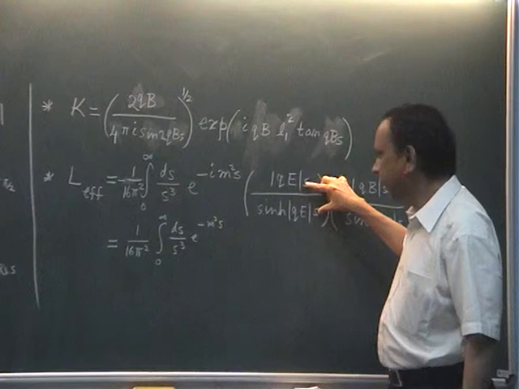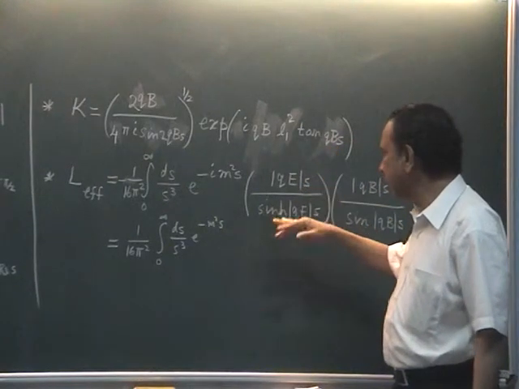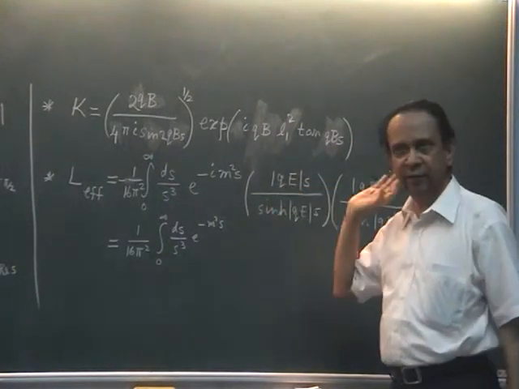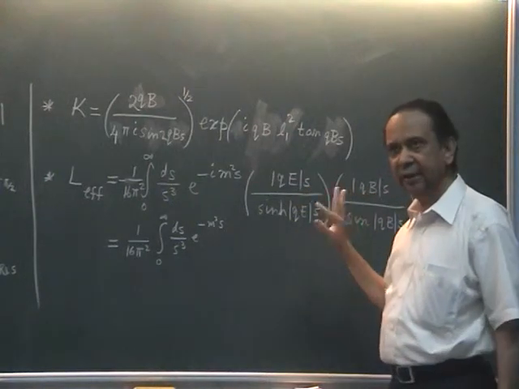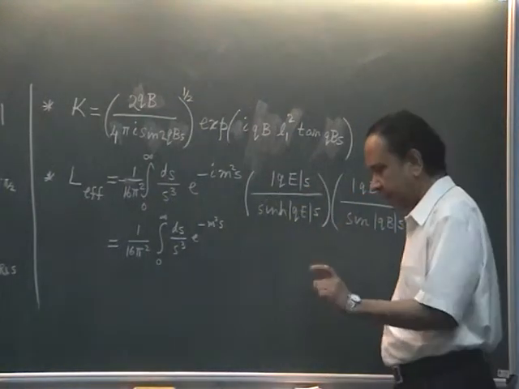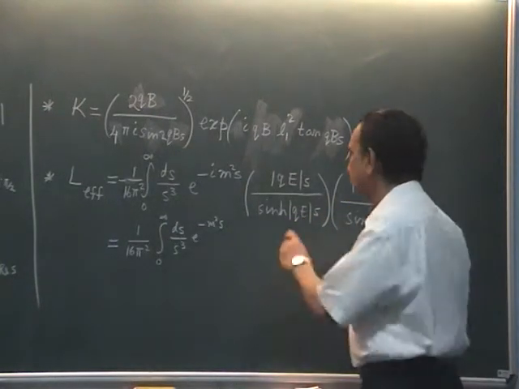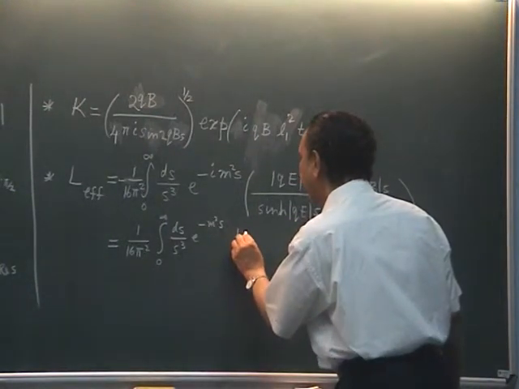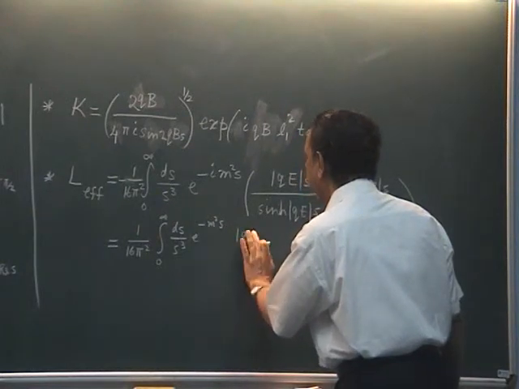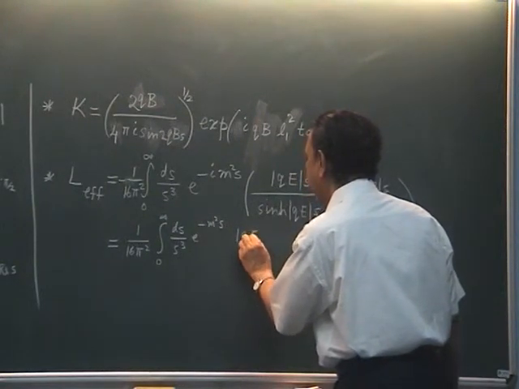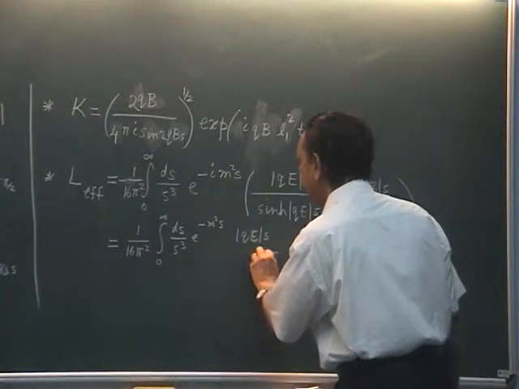Here when you flip s to i times s, i factors will go away because the overall i factors will cancel out, but sine will become sinh and sinh will become sine. So this is going to give you, okay, I'll still stick with E because you want to know what came from electric field and what came from magnetic field.